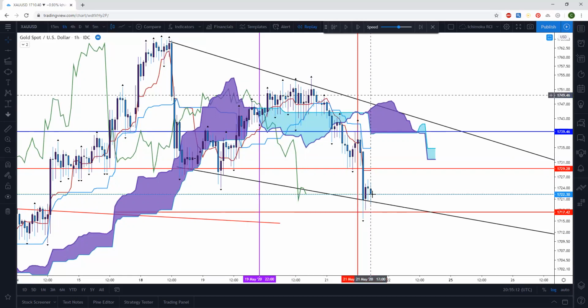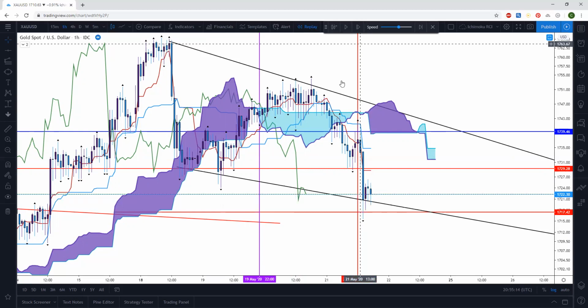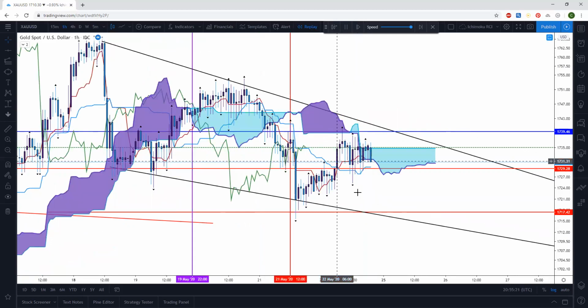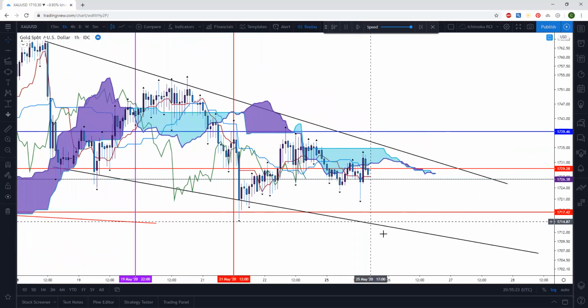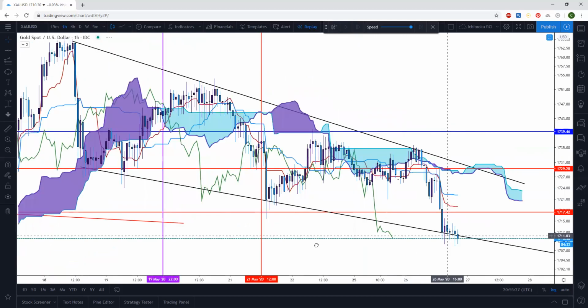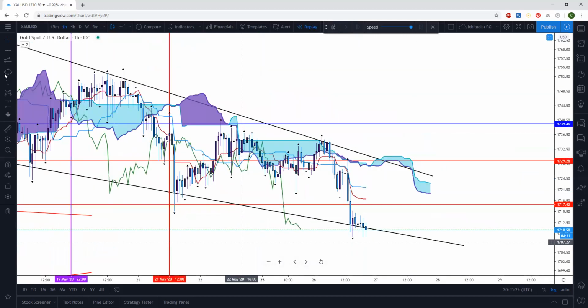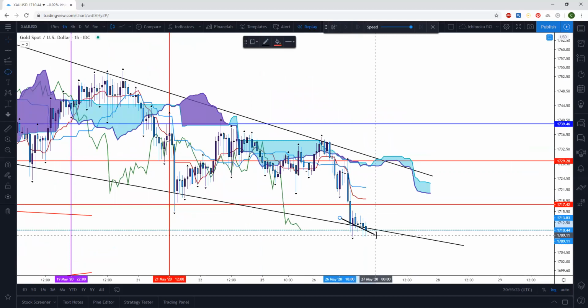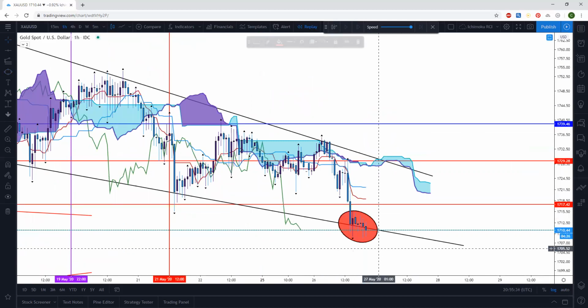You just start expecting the market to move up a little bit. You just gotta trade it within this pattern here. So now we're currently here. You may want to start looking for buying opportunities right here.